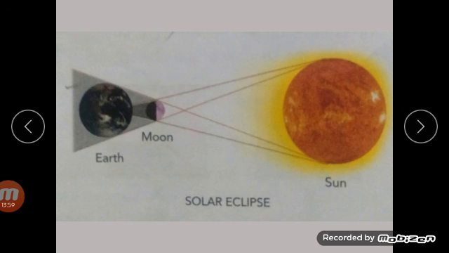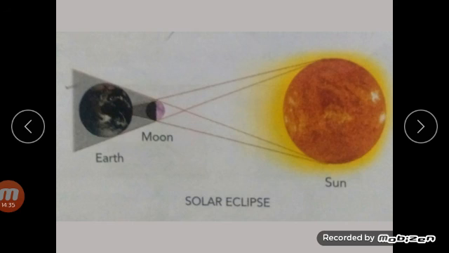Sometimes the sun, the earth, and the moon come in a straight line. In such a situation, the moon or the earth casts a shadow on the other. So what happened? They are getting light from the sun, but once they all come in one straight line, they block the sunlight and cast a shadow.